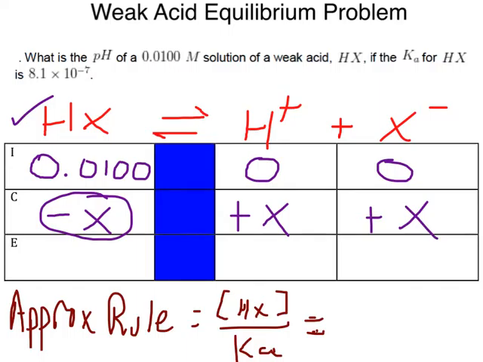So if I divide the concentration of HX by the Ka value, and I get a value that is greater than 500, which in this case I do.